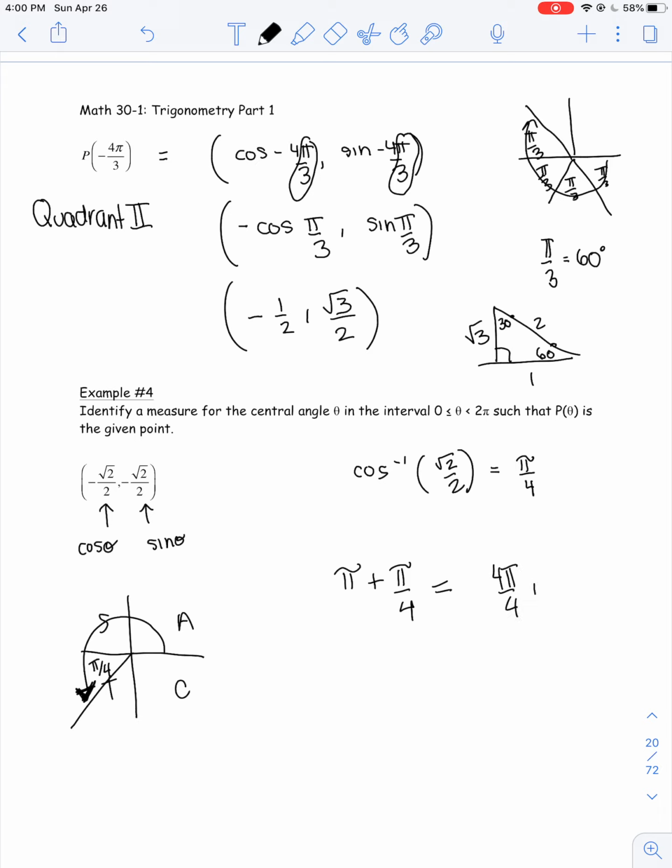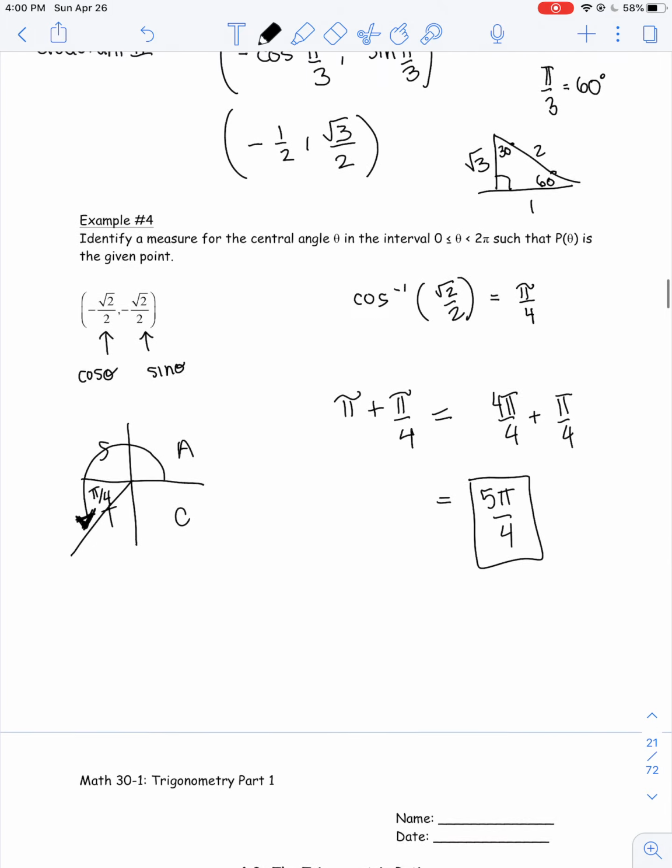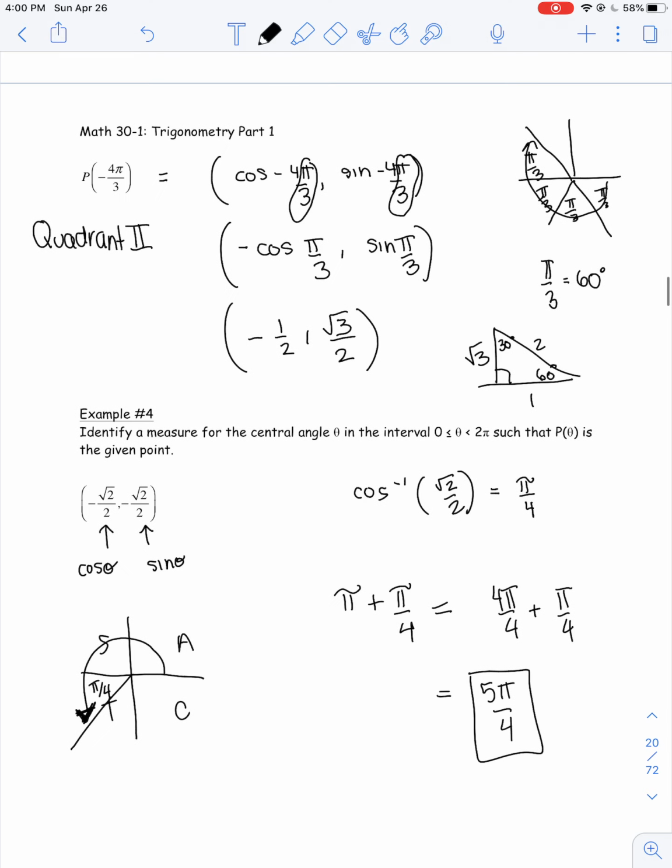So with common denominators, 4 pi over 4 plus pi over 4 is equal to 5 pi over 4. And that's how I got my answer. You can even check. If you put sine of 5 pi over 4 into your calculator, you should get the decimal form of negative square root of 2 over 2. That would be a way of confirming your answer.